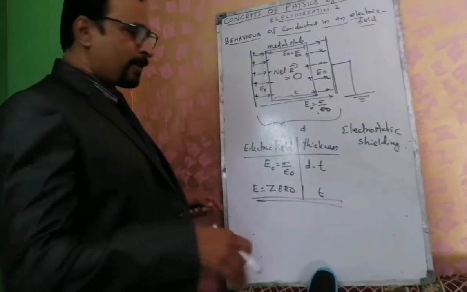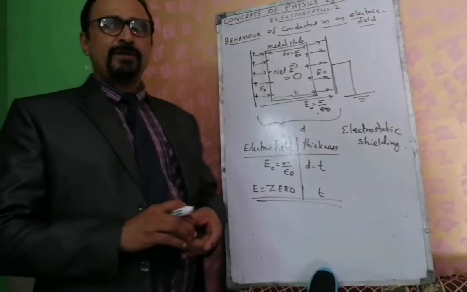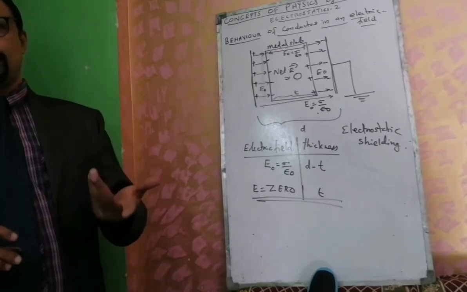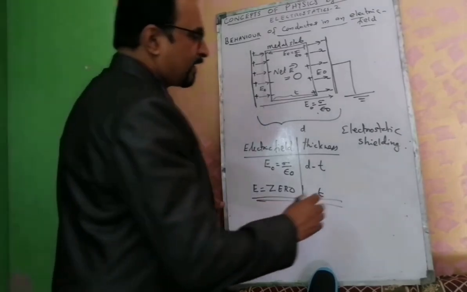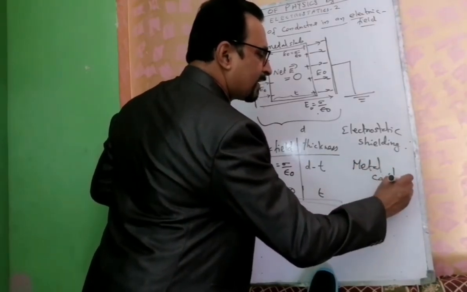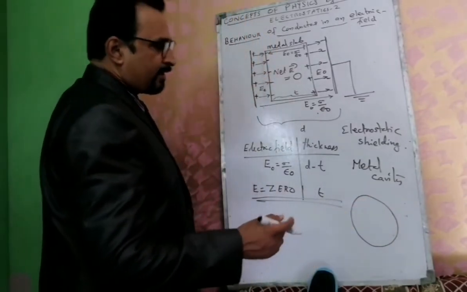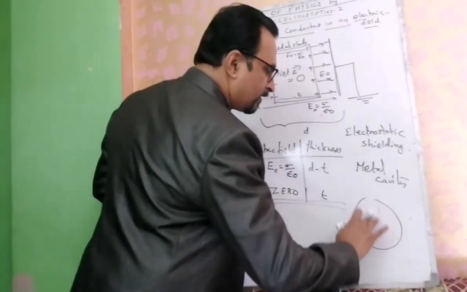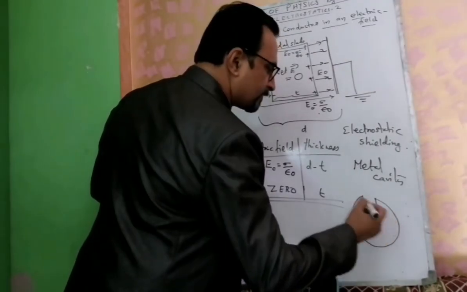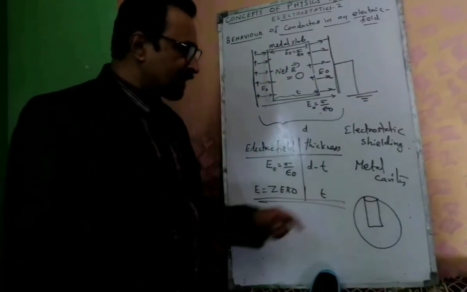So you can protect sophisticated instruments and devices from a strong external electric field. How is it possible? For that, you consider a metal cavity. Metal cavity means there is a solid metal piece given. You can drill out a hole inside it. There is a hole. This is a metal cavity.